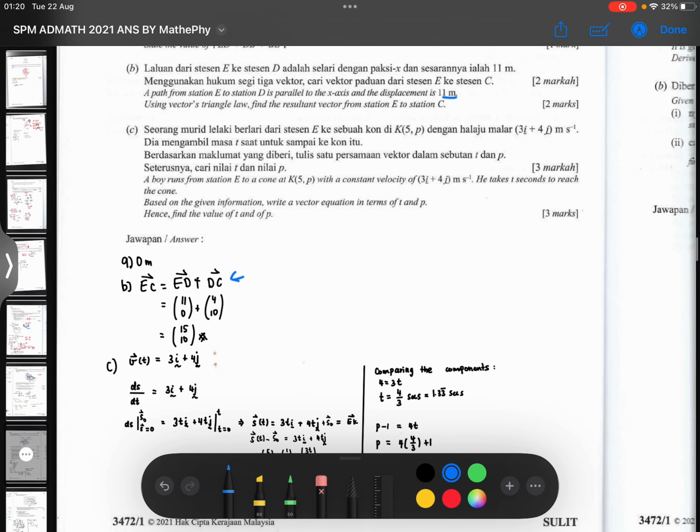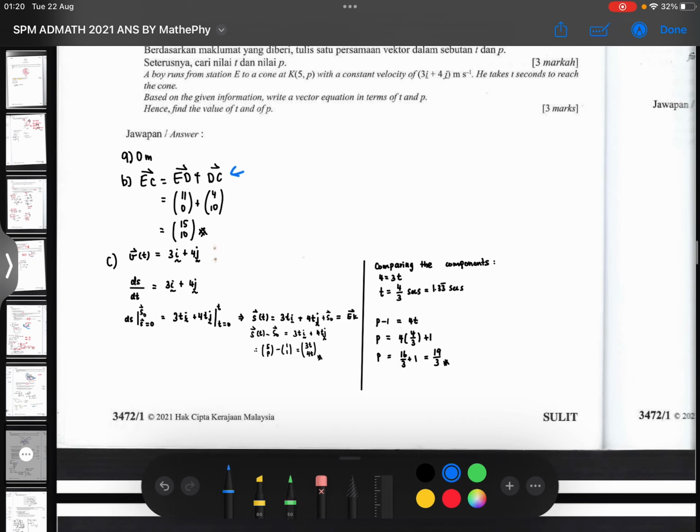Okay, question C. A boy runs from station E to a cone at K 5, p with a constant velocity. He takes t seconds to reach the cone. Based on the information given, write a vector equation.